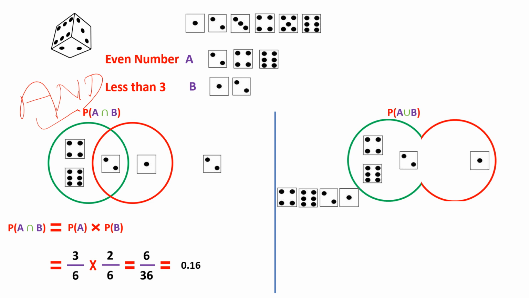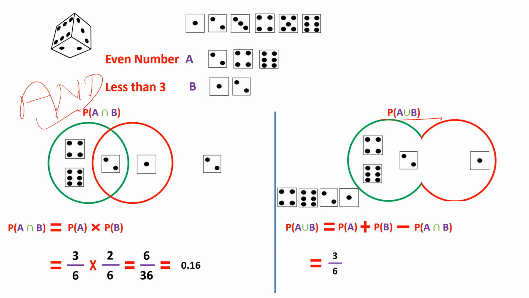Now let's have a look at the second one, where we are trying to find probability of A union B. The formula is probability of having A plus probability of having B minus probability of having A intersection B. So whatever is common between both, we keep that, but remove the duplicates.